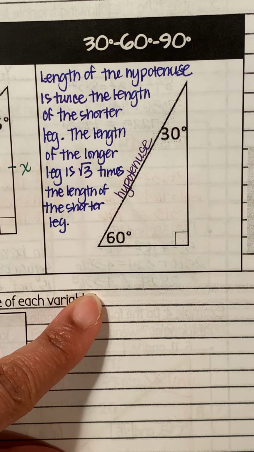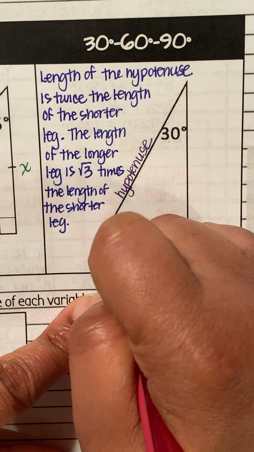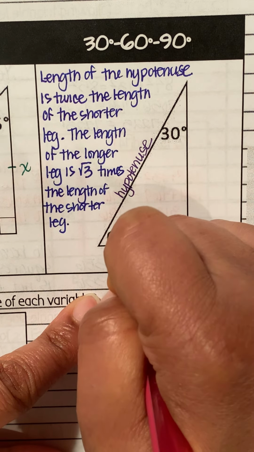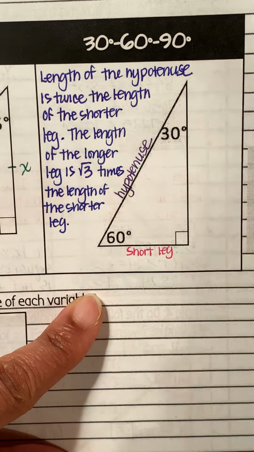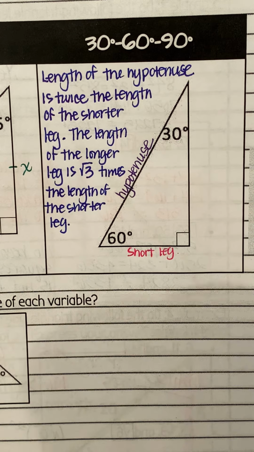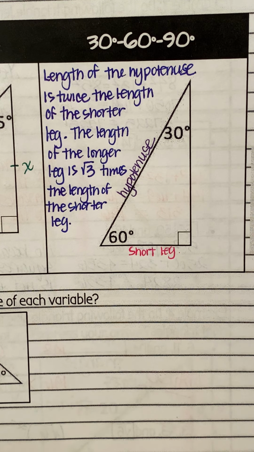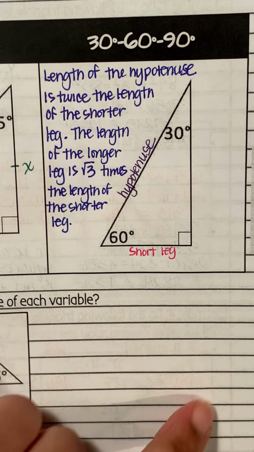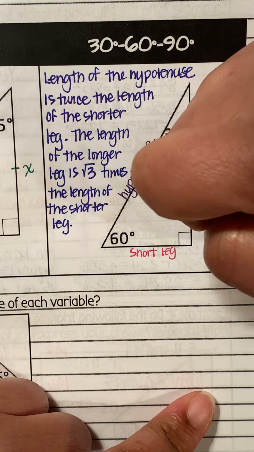So let's first write out what my short leg is. This is going to be my short leg here. And for the long leg, I guess I'll just stick to this blue here.